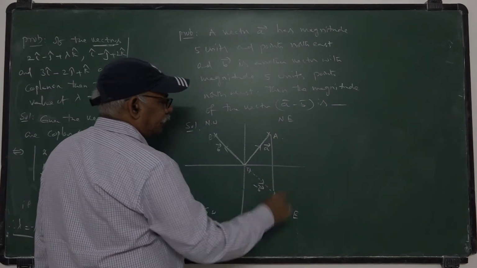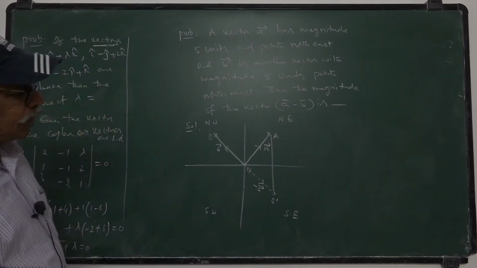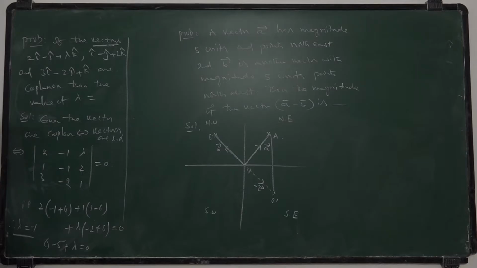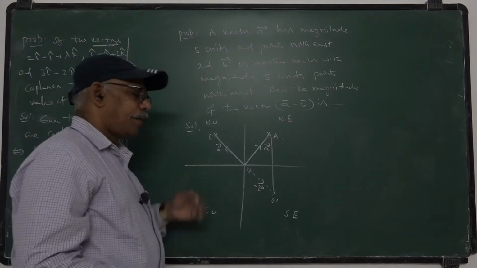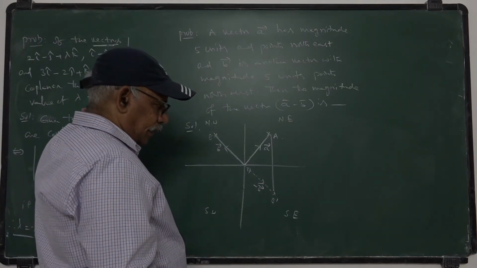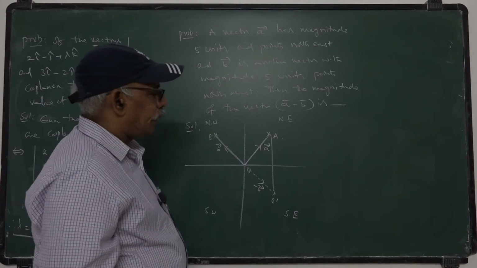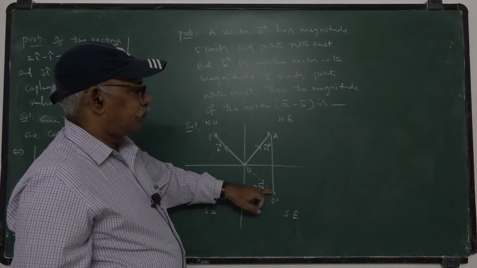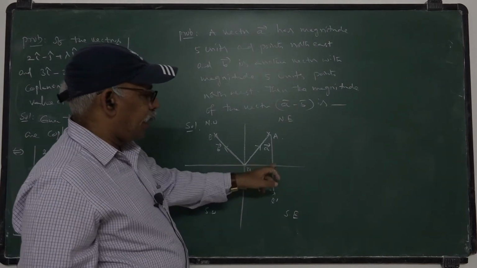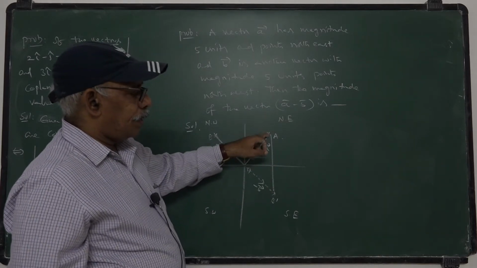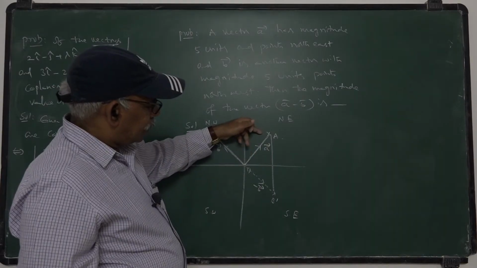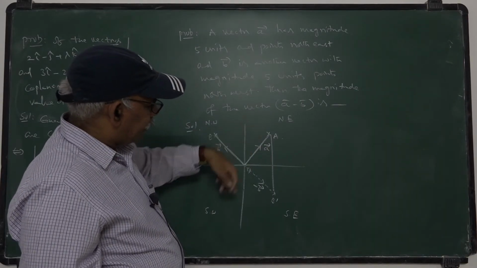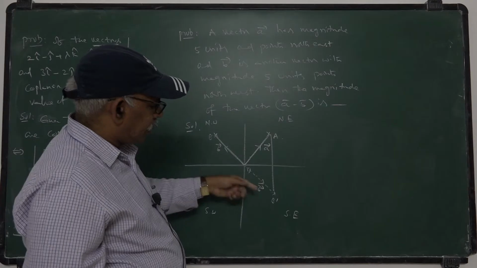Now on joining A and B dash, the vector AB bar, this one is one vector and this one is one vector.